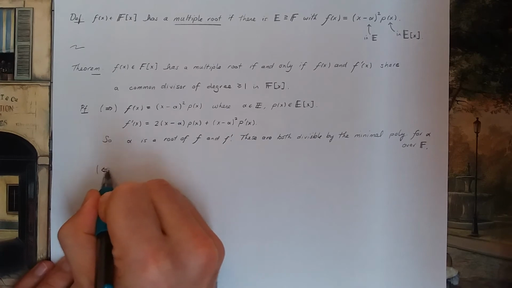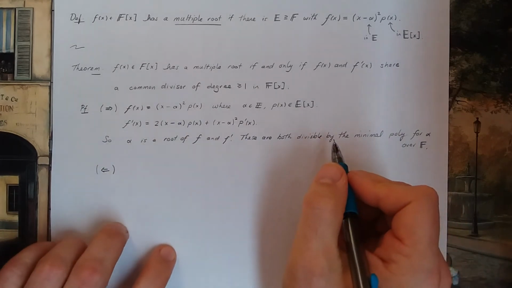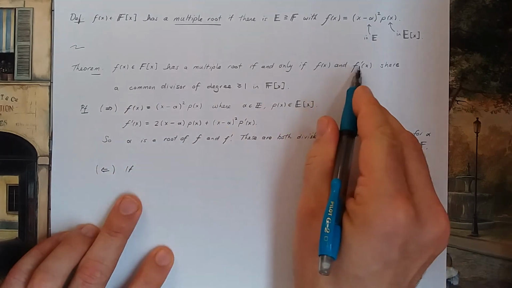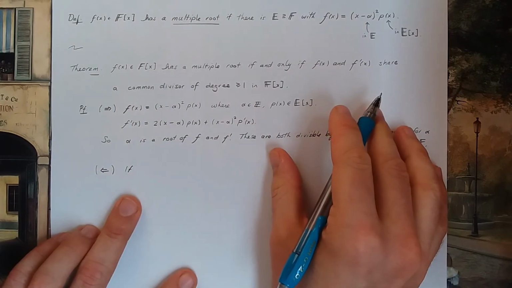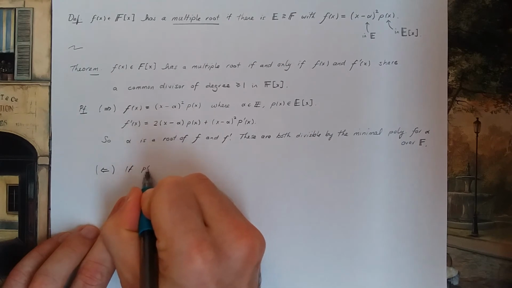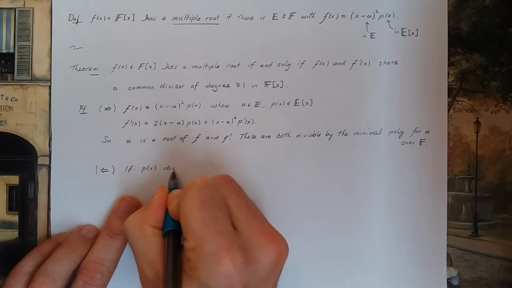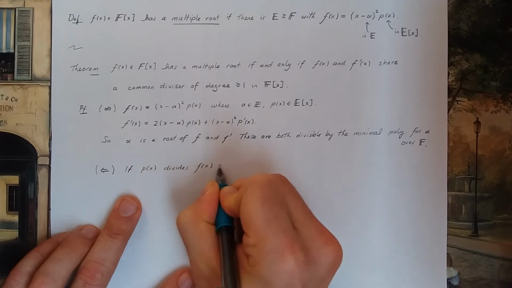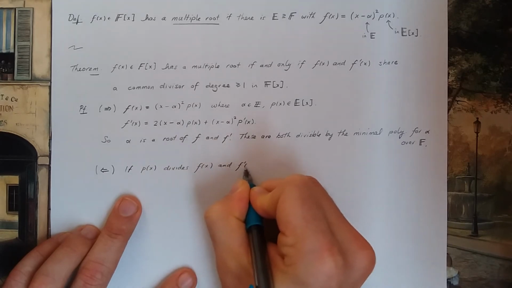So let's go in the other direction. So let's suppose these two functions have a common divisor. So let's say p of x divides both f of x and f prime of x.